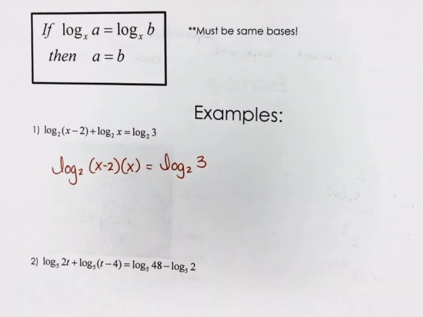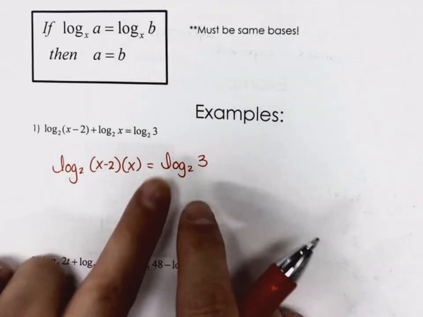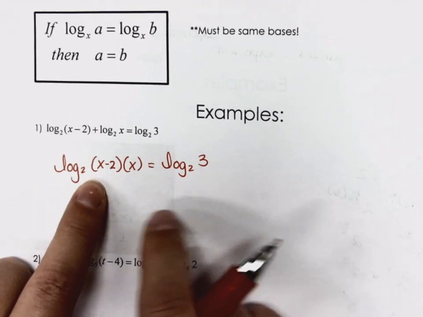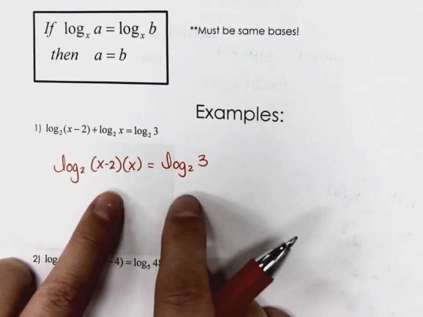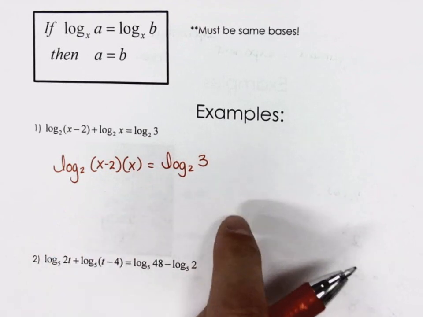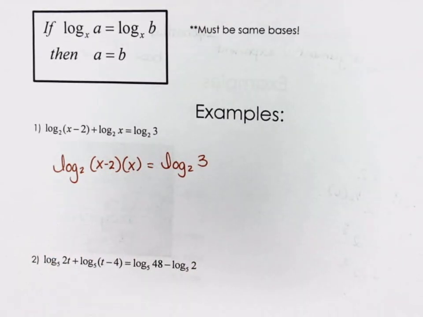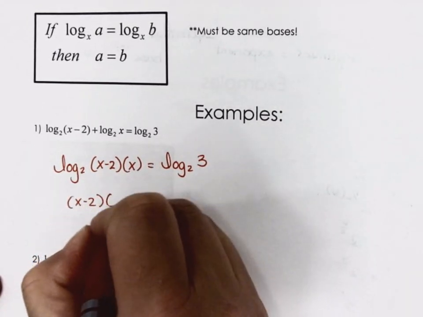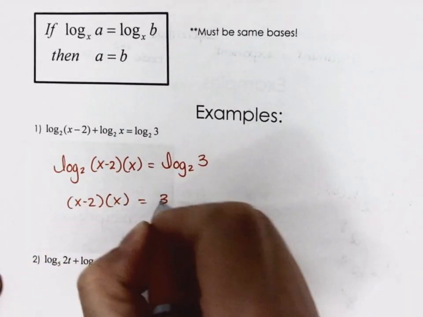So now I can just drop the logs. Really, if you put this into exponential form on either side, it would be 2 to the exponent something equals x minus 2 times x, and 2 to the exponent something equals 3. So they have the same base, and it's the same principle. We're just dropping those. So we can say x minus 2 times x equals 3.